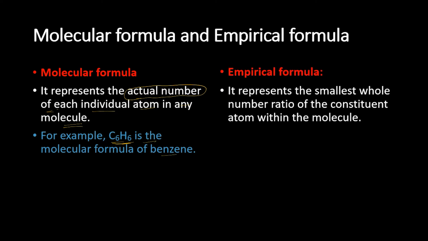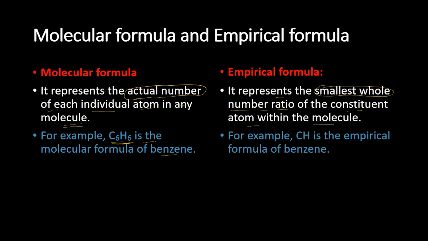Empirical formula represents the simplest or smallest whole number ratio of the constituent atoms within the molecule. And the empirical formula for this formula of benzene is CH.